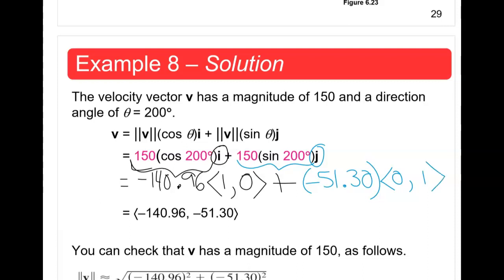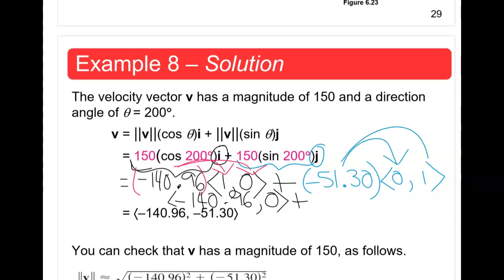So recall how we must distribute. So this constant times a 1. And this constant times a 0, which is just 0. So we will get negative 140.96, 0 from there. And then from the other vector, we again distribute.